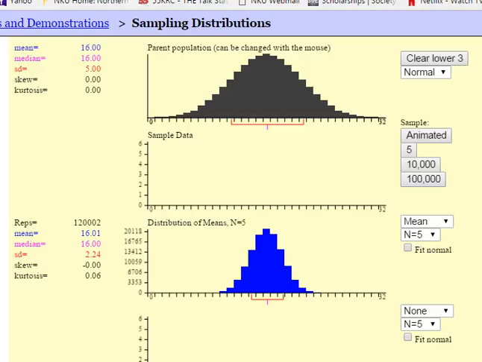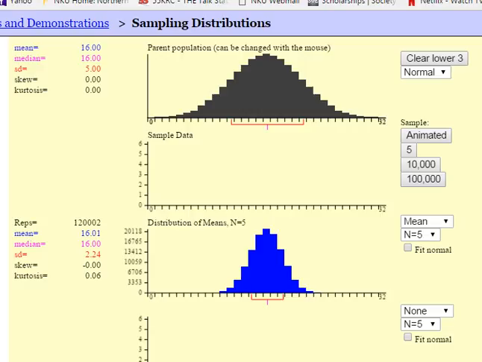Now there are a few things we can tell from this, and we're going to call this result 1. First of all, if the population is normal, which is what we have here, it turns out the sampling distribution is also normal. Notice the mean of the population is 16, and the mean of the sampling distribution, the blue histogram, is about 16.